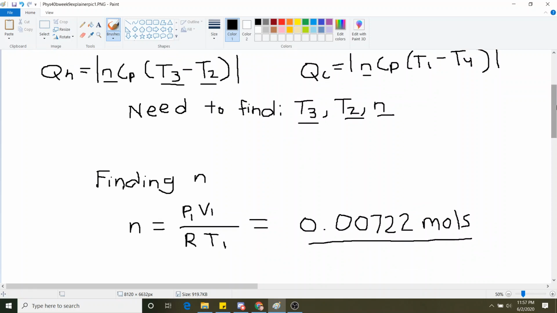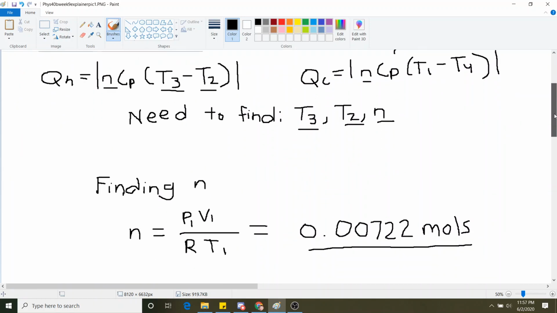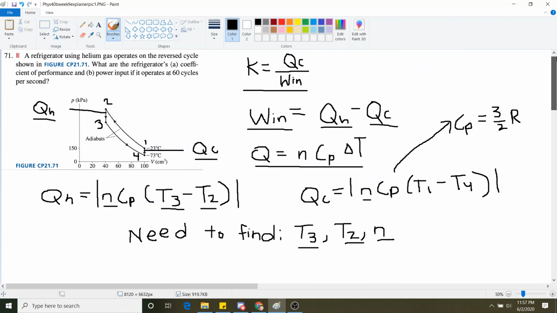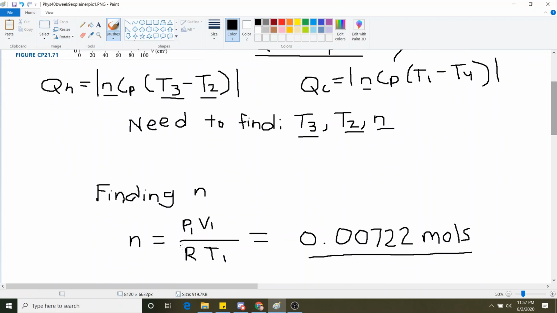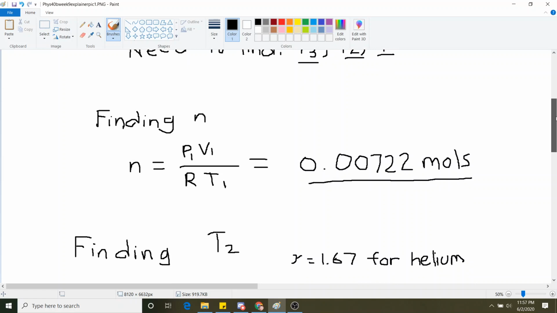We're given the pressure and the volume for the first point, and we know the temperature too, since that's also given to us, and R is just a constant. So if we plug in all of these, we can get 0.00722 moles.